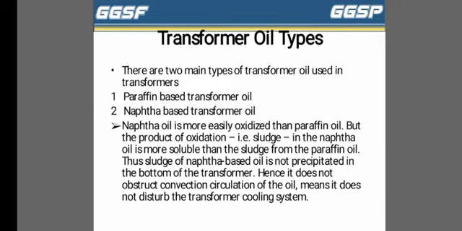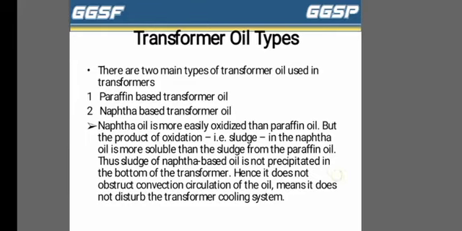Thus, sludge of naphtha based oil is not precipitated in the bottom of the transformer, hence it does not obstruct convection circulation of oil, meaning it does not disturb the transformer cooling system.